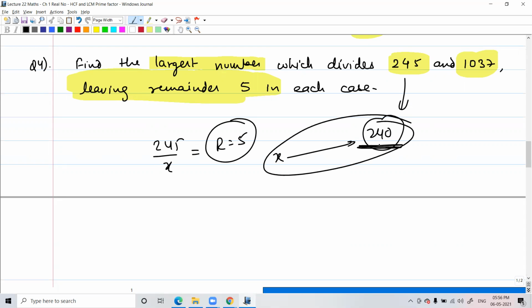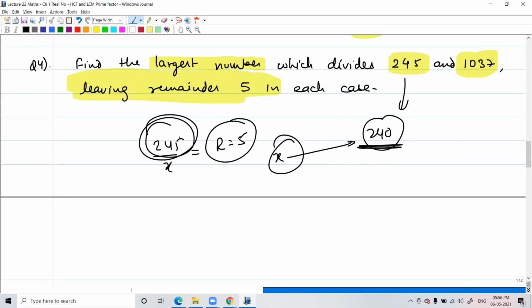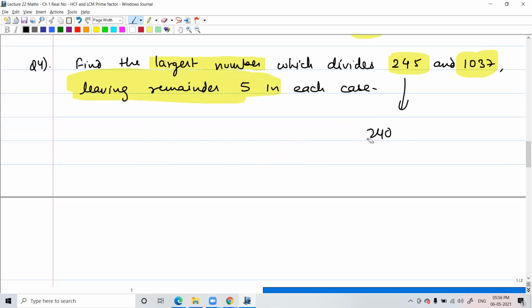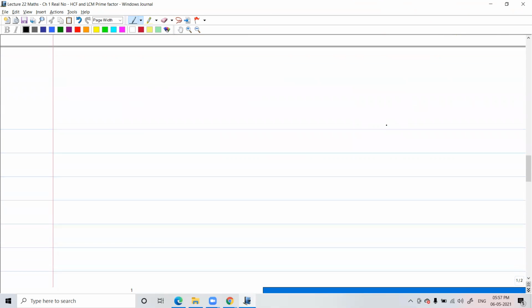If 240 is completely divisible by x, then when you divide 245 by x, you should get a remainder of 5. Is this idea making sense? This is very simple. Do you want me to explain it in more detail? Yes, sir. Okay, I will explain this.